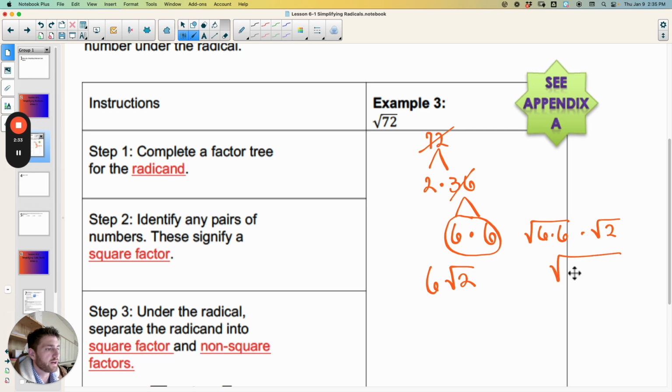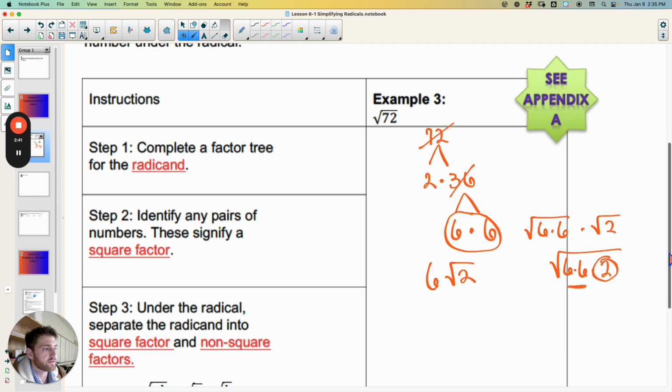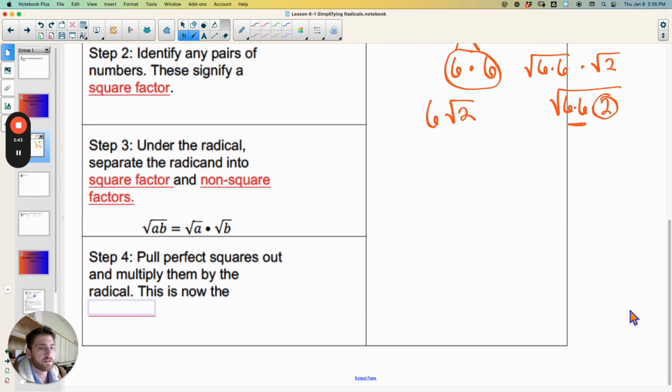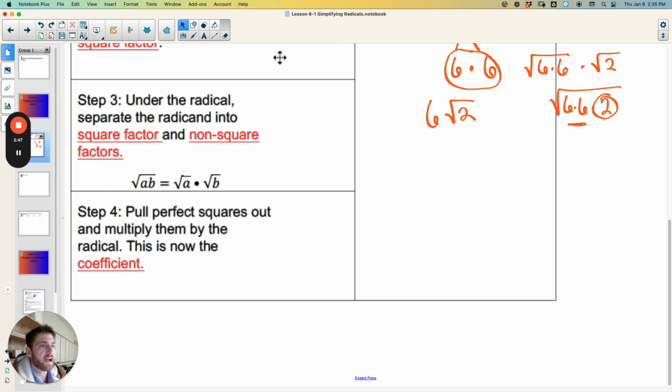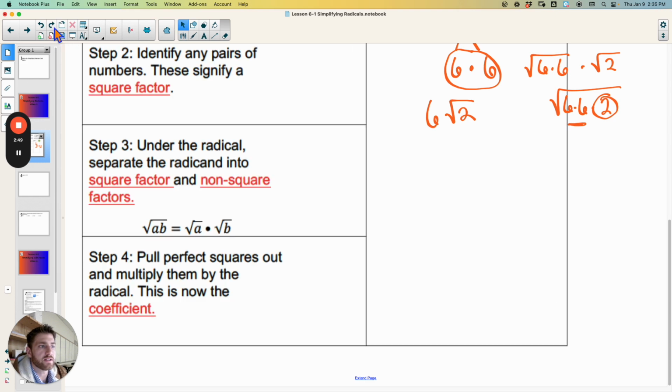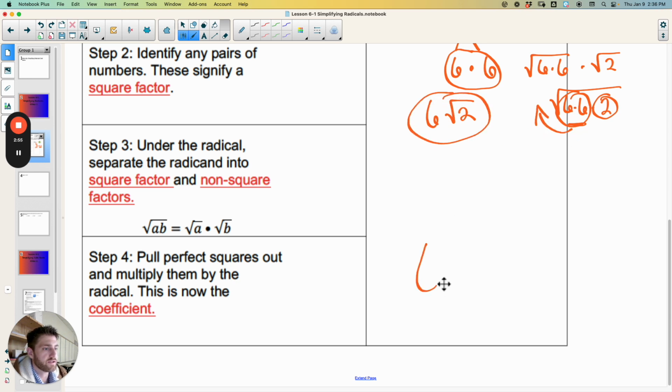You could also write it like this, 6 times 6 times 2, and then see here that I have a pair of 6's, and the 2 is left over on the inside. Okay, and then step 4 is to pull the perfect squares out, and that is what we did here. We pulled the perfect squares out to get our final answer of 6 root 2.